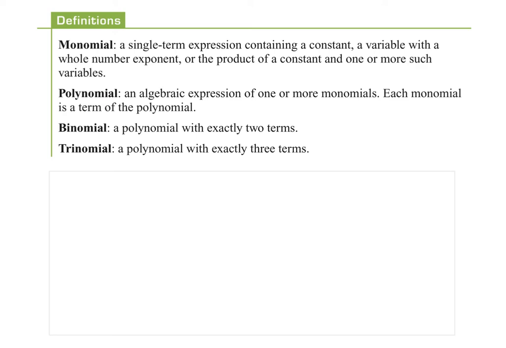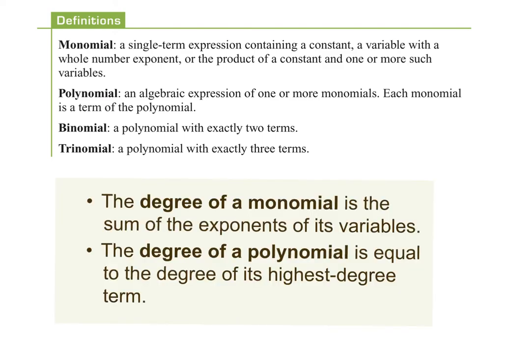You wouldn't just keep naming all these crazy ones like you do in geometry with sides, okay? So you really have to know monomial, binomial, and trinomial, and then the rest of them you're just going to say are polynomials. A couple things about polynomials. Degree. The degree of an individual term is the sum of all of the exponents of the variables. So all of the variables will have some type of exponent.